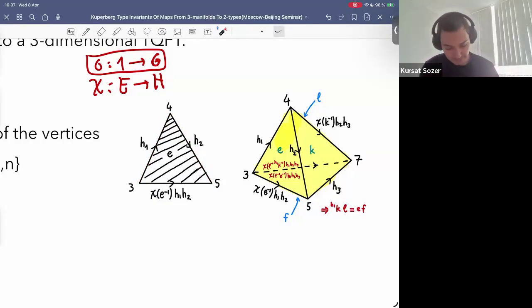In this case, we label edges with elements of H, and we label triangles with elements of E. And this E precisely measures the change between these two. If we go from here to here, we get H1, H2.